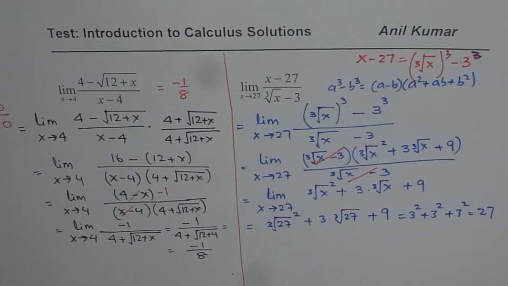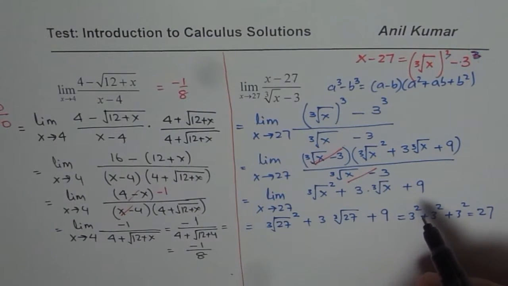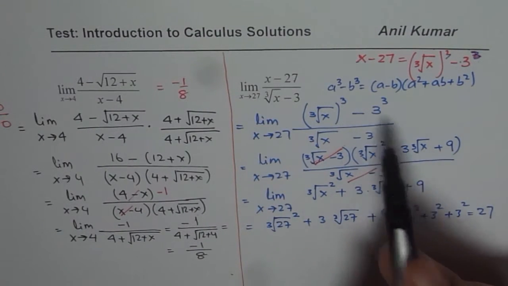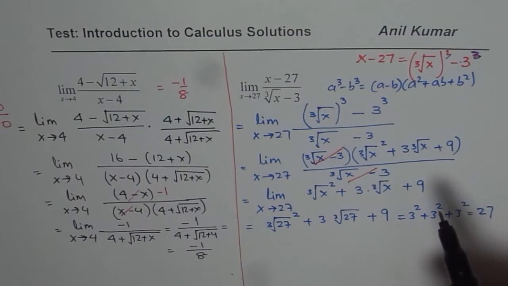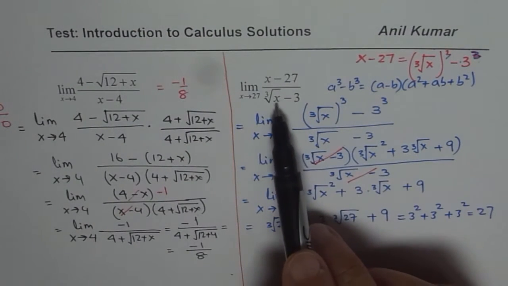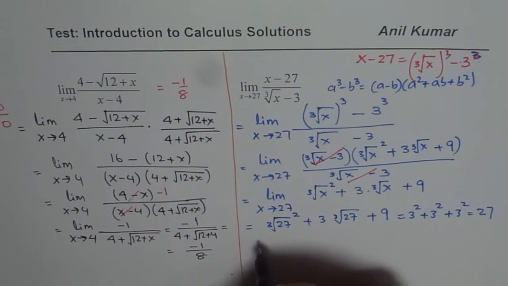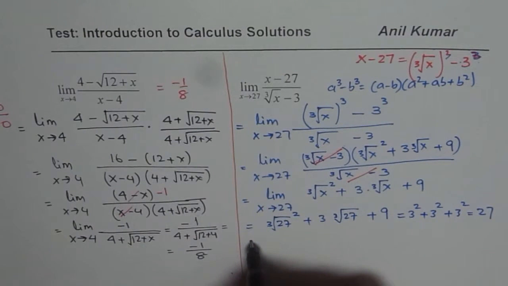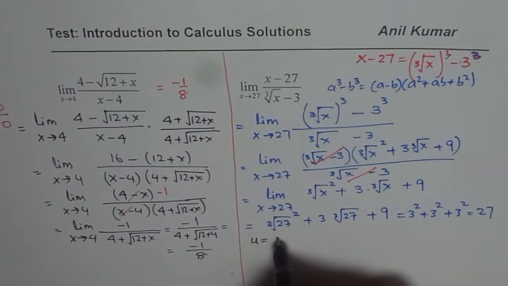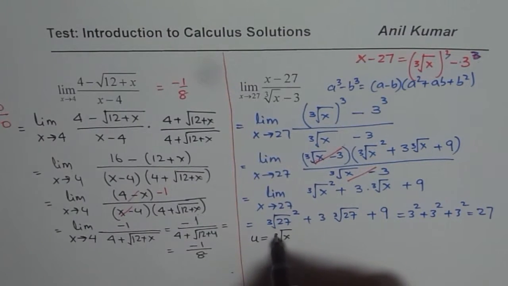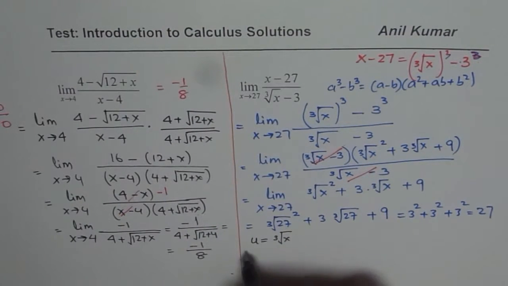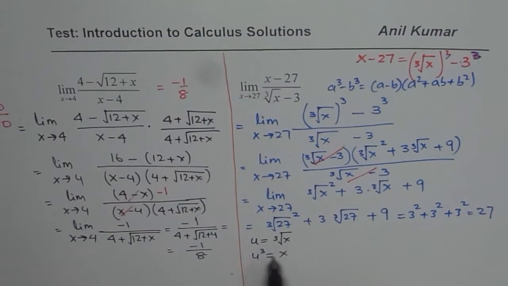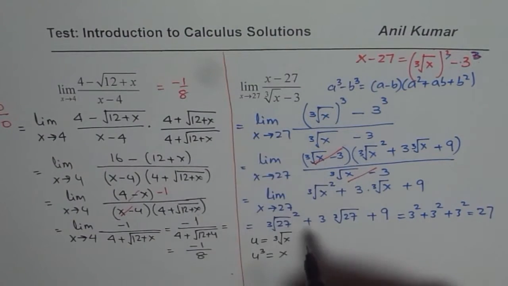Now, as I began with, I wanted to share with you another solution, that is to use substitution of variable. So that's method 2. You could say u equals cube root of x. In that case, u cube will be equal to x. Now, if u cube is x, then the limits also will change.